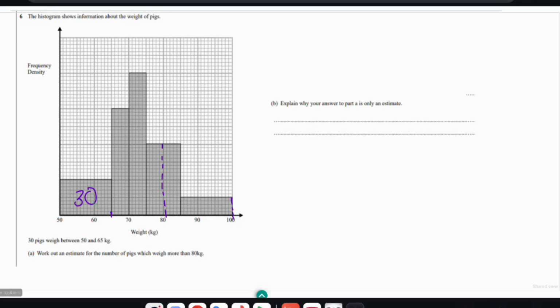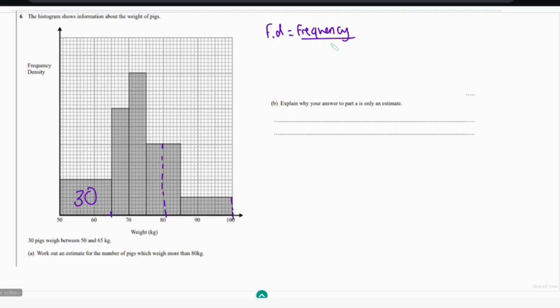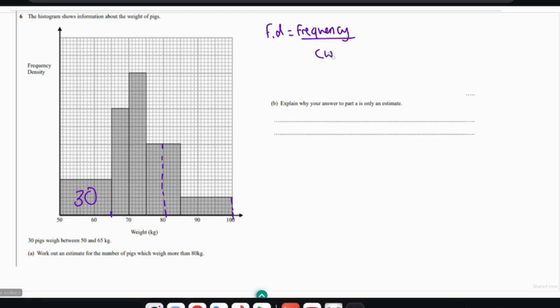So area, frequency divided by class width is frequency density. So 30 divided by class width between 50 and 65 is 15. 2.